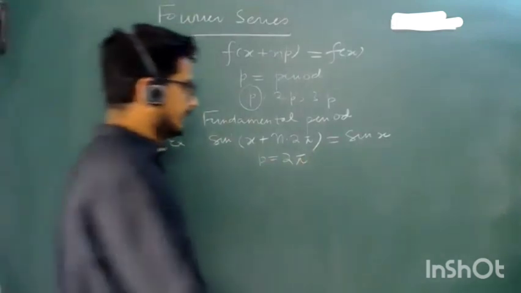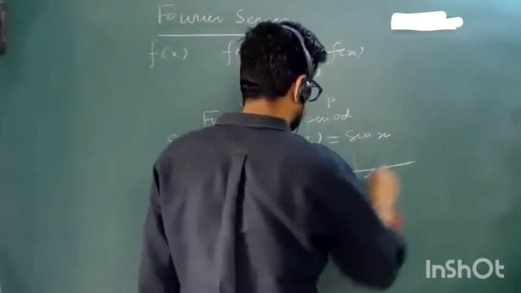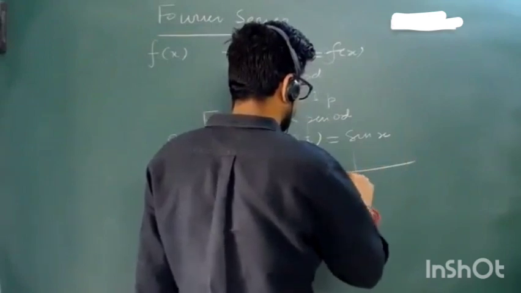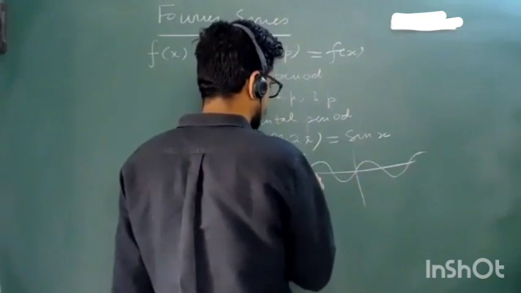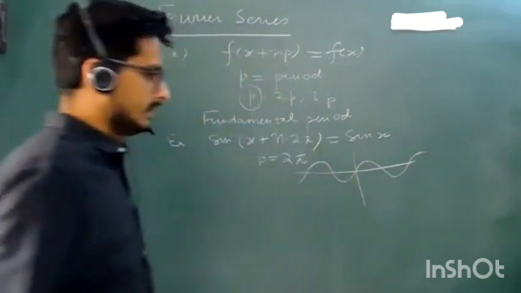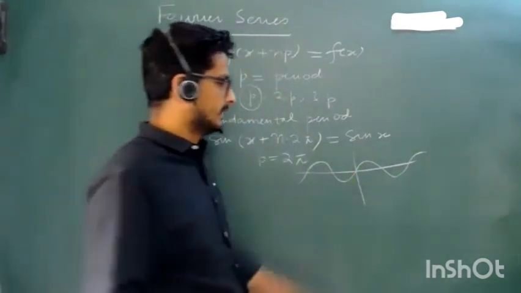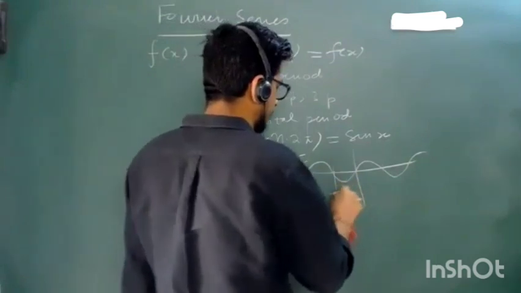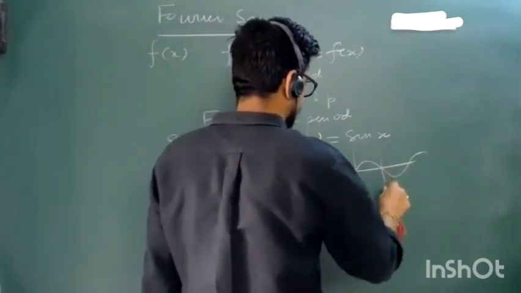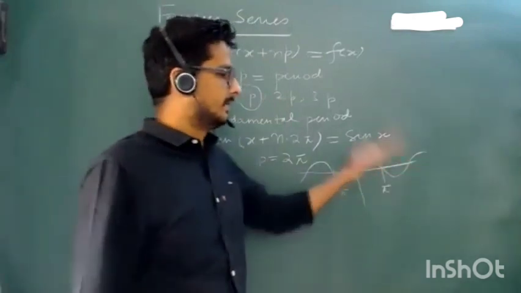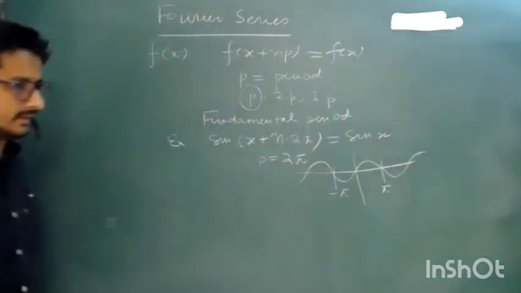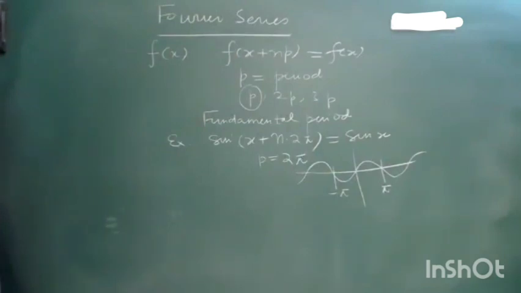And you have seen the behavior of this function. It goes like this. Any piece you take, suppose from minus pi to pi, I can see that this fundamental piece will just be repeated in the space.